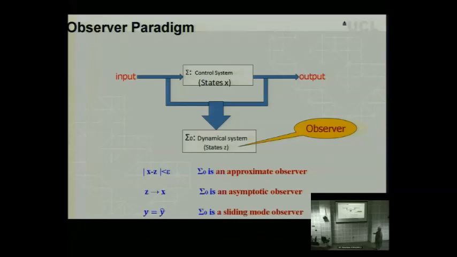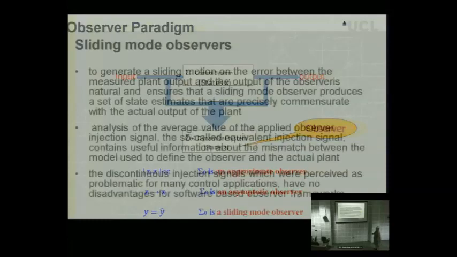And we have our sliding mode observers, which is nothing to do with the state. Our sliding mode observer seeks to replicate exactly the output of the observer and the output of the plant. So the difference is identically zero, and any state estimates we get to approximate these will just be a set of states commensurate with this.